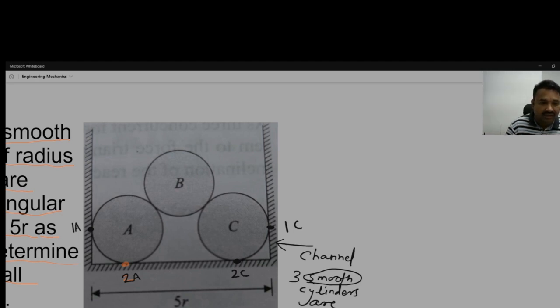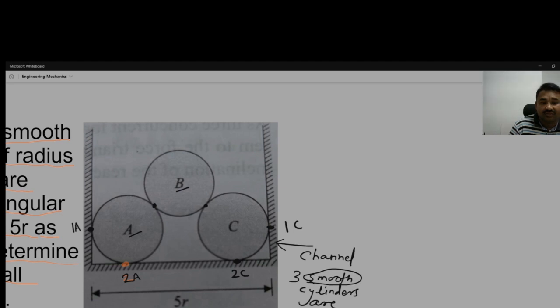This is the contact point between cylinder A and cylinder B. This is the contact point between cylinder B and C.